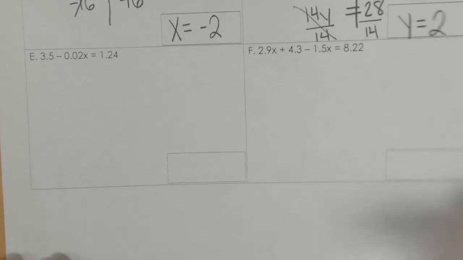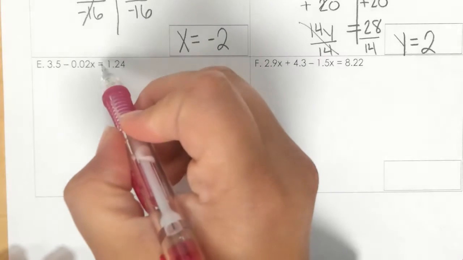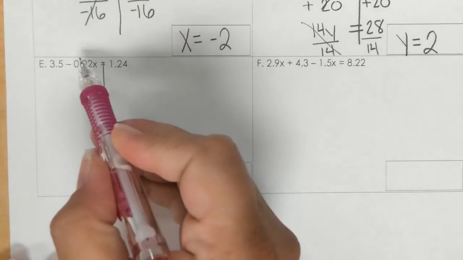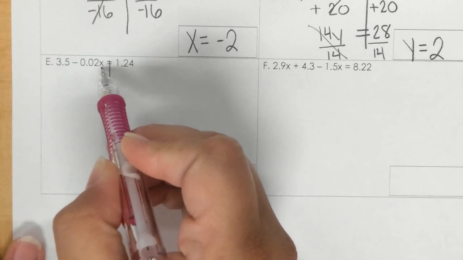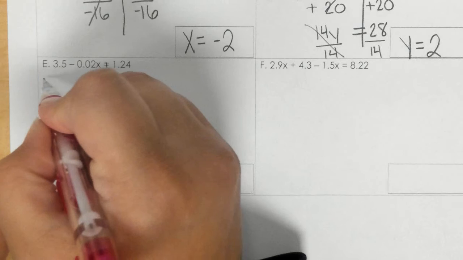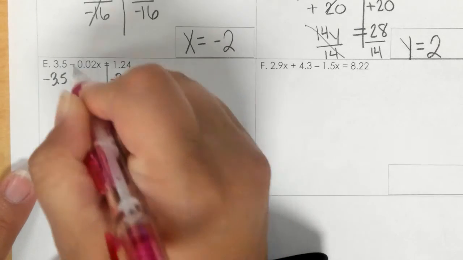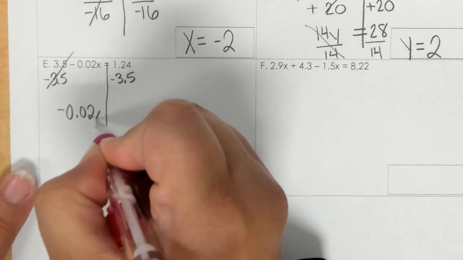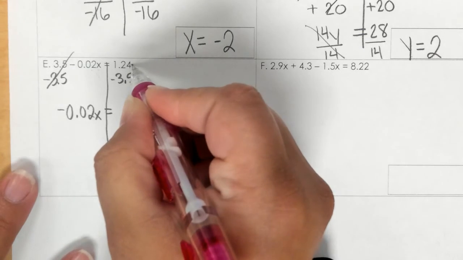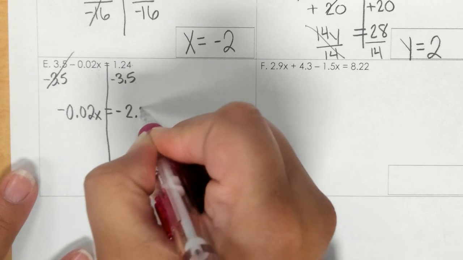And then the last two are just decimal problems, but you're still solving them the same way. So we look, are these like terms? No. So I want to get x by itself, so I'm going to subtract the 3.5. And then I have negative 0.02x. And if I subtract these, we get a negative 2.26.